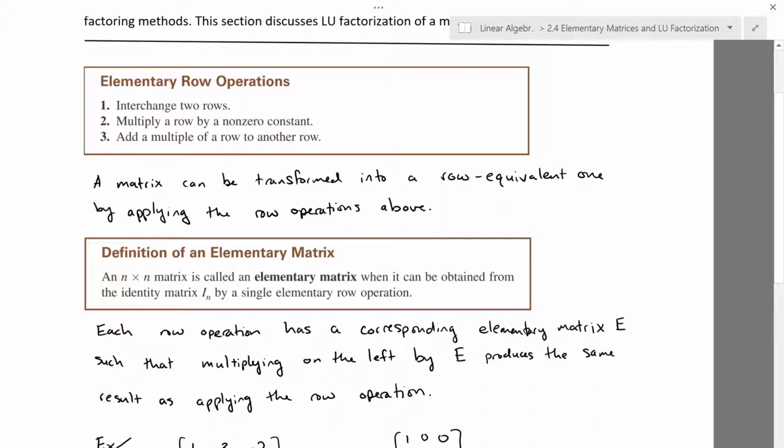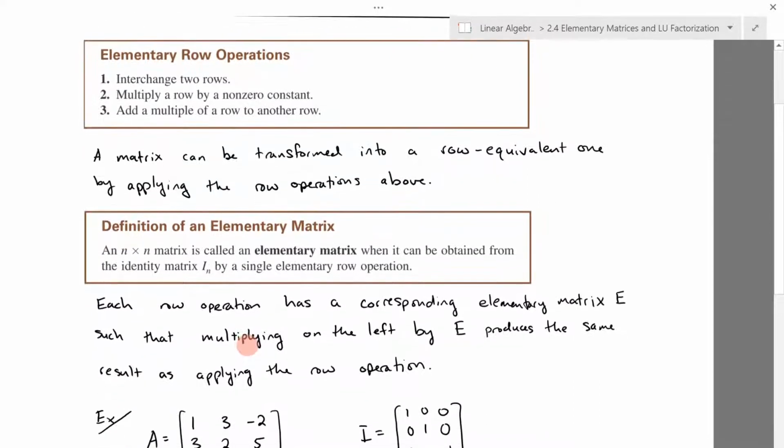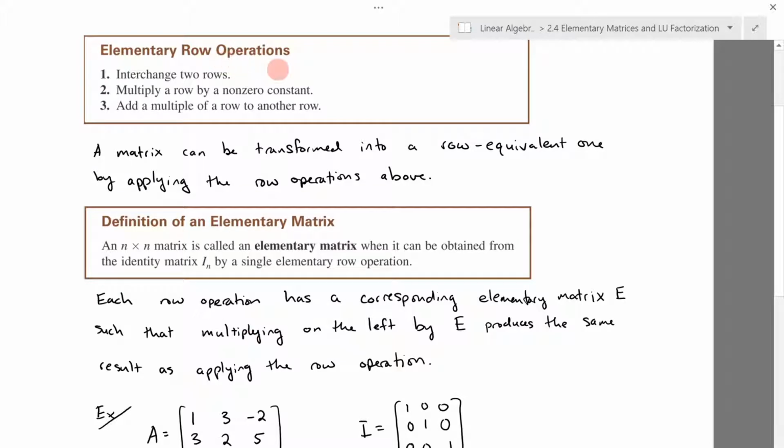These three row operations mimic the different operations you do to a system of equations, and you can transform a matrix into a row equivalent one by applying one of these elementary row operations. Okay, so those are the elementary row operations, and an elementary matrix is just a matrix that's obtained from the identity matrix by applying one of these three row operations.